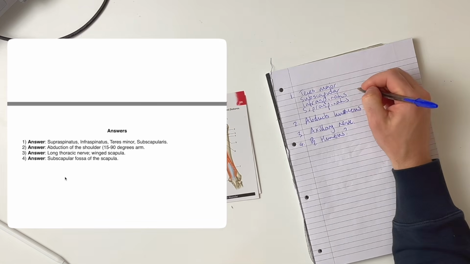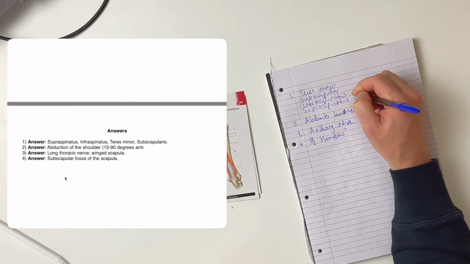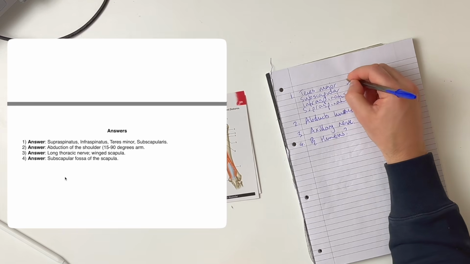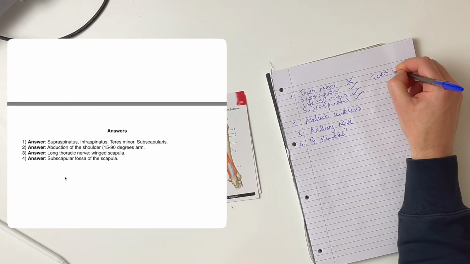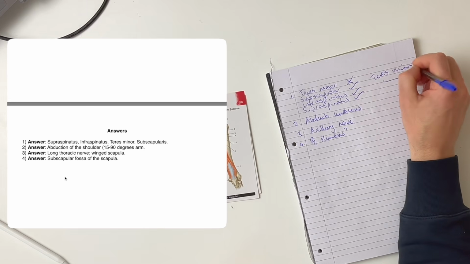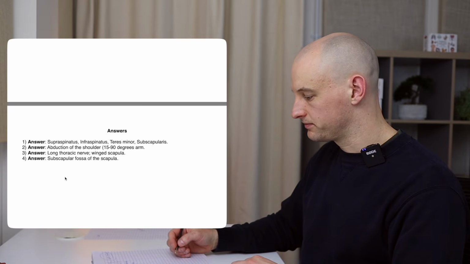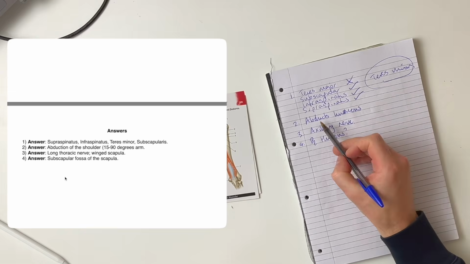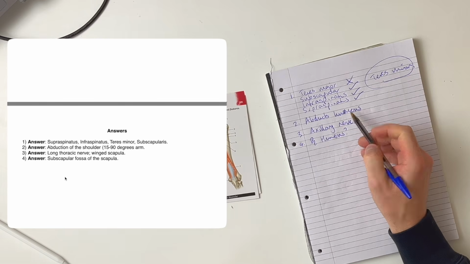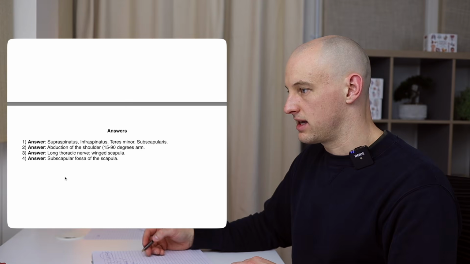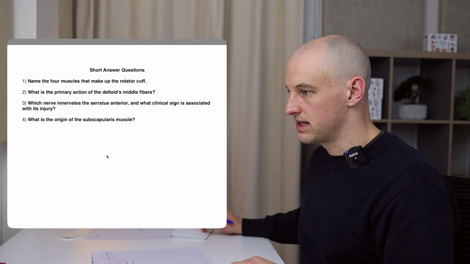So the answer is supraspinatus, infraspinatus, subscapularis, and teres minor. That's the teres minor. The teres major is not a rotator cuff muscle. Then we've got abduction of the shoulder. Correct. The answer is the long thoracic nerve.